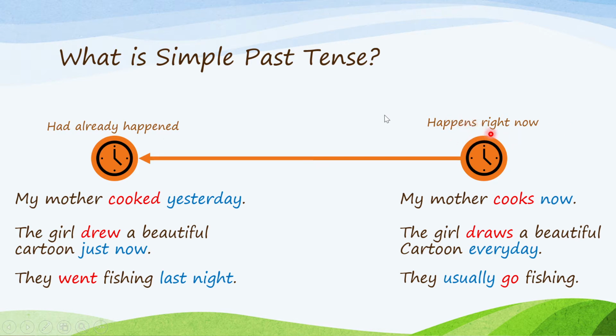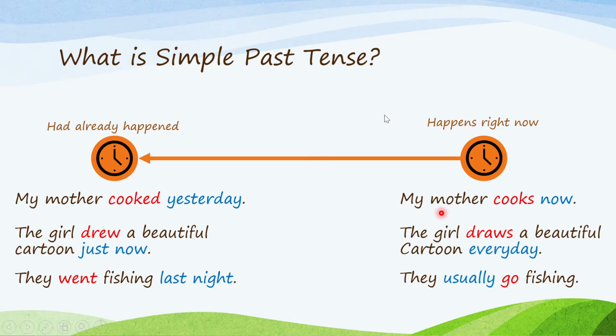Ia berlawanan dengan perkara yang sedang berlaku. Sedang berlaku maksudnya present tense. Manakala yang telah berlaku, kita panggil past tense. Alright? Dia berlawanan dengan present tense.